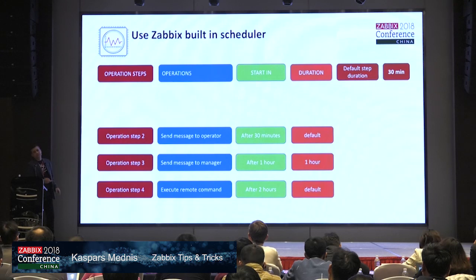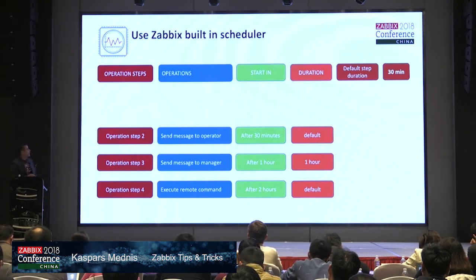You can just remove it. Zabbix allows it. So you can start your action from step 2. Yes, step 1 does not exist, but it will still count. And you will have the same schedule. It will look just more clear. So this is just some visual tip from me.